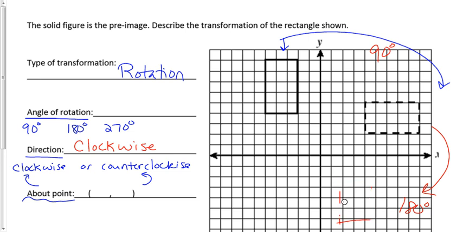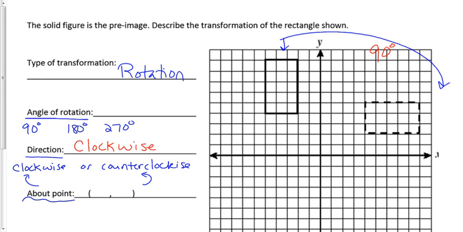What we also need to know is, well, what is the center of my rotation? So for the center of my rotation, what we can do is, this one's a little bit tricky to kind of see what the center of the rotation was.